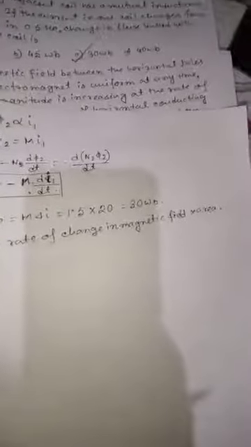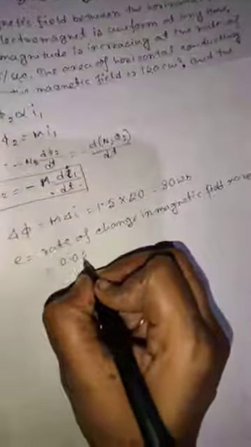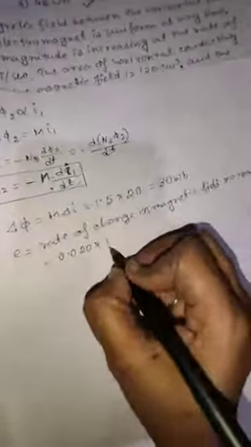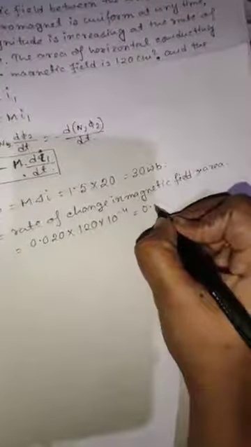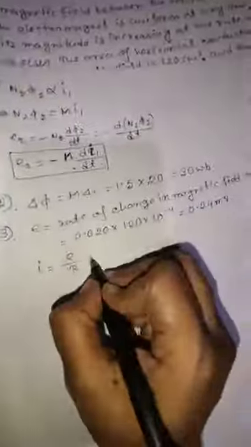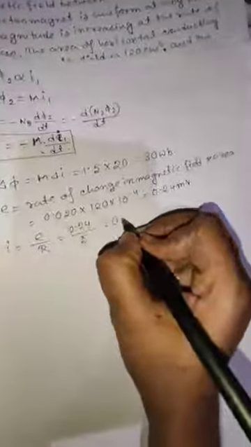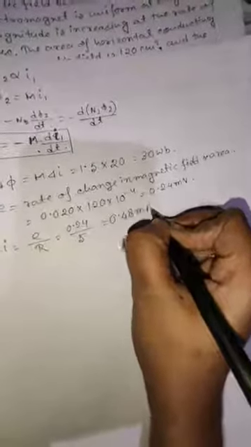So therefore E equals 0.020 into 120 into 10 to the power minus 4. So it becomes 0.24 millivolt. So what is I? I is nothing but E by R, right? What is E? Already we got 0.24, and R is given as 5 ohm. So the answer will be 0.48 milliampere.